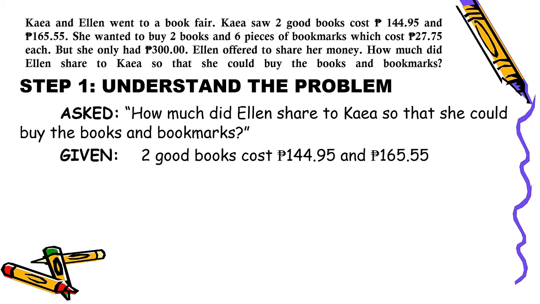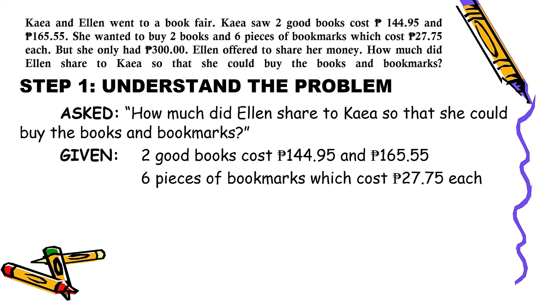In this example, the given are 2 good books costing 145 pesos and 95 centavos and 165 pesos and 55 centavos. It was also stated that 6 pieces of bookmarks cost 27 pesos and 75 centavos each. And also we are informed that Kaya only had 300 pesos.